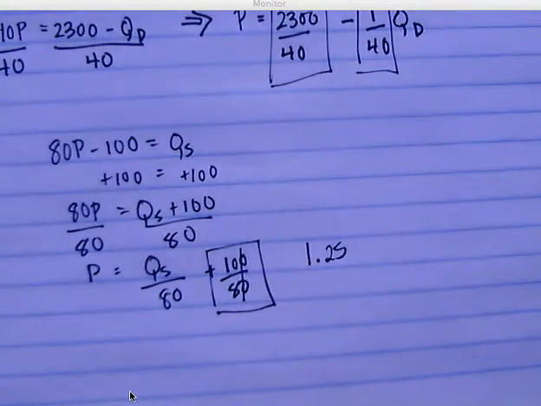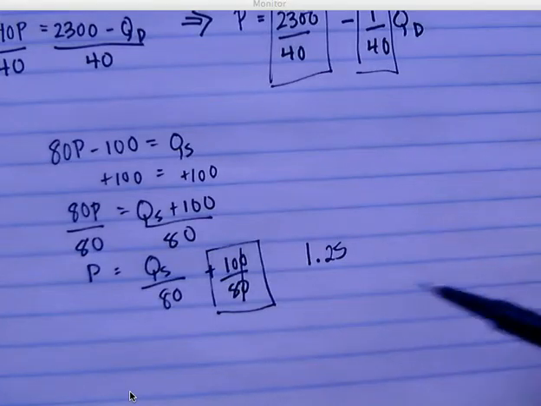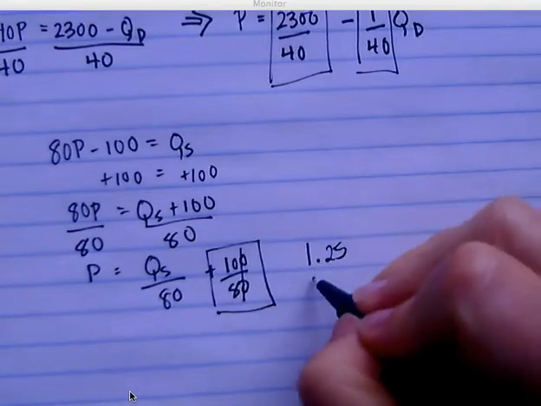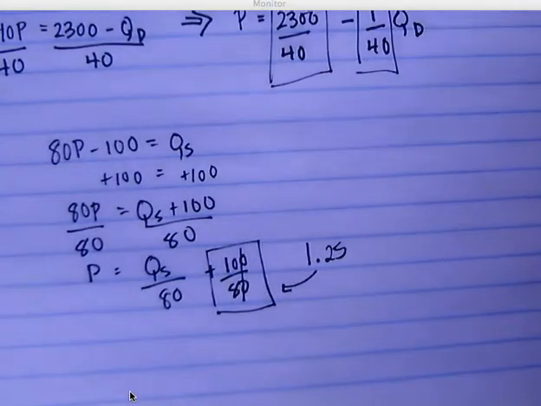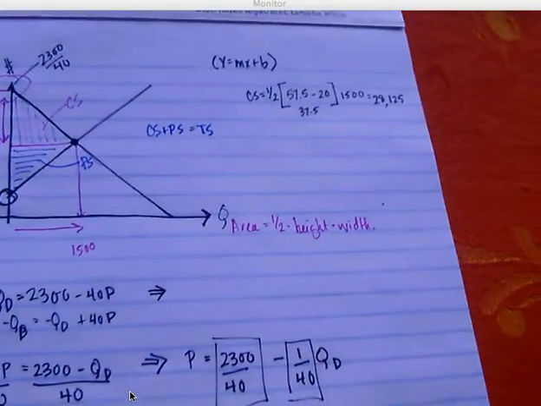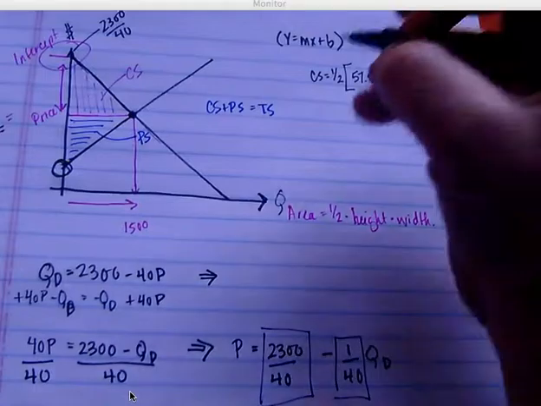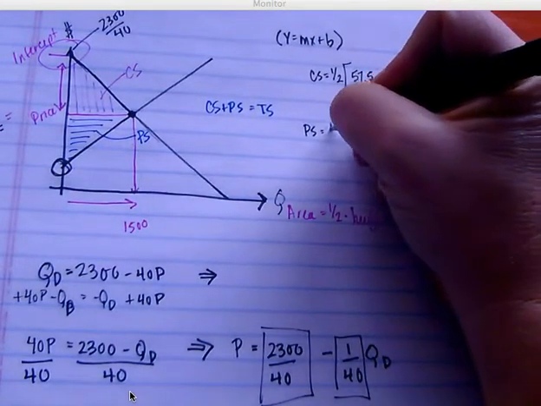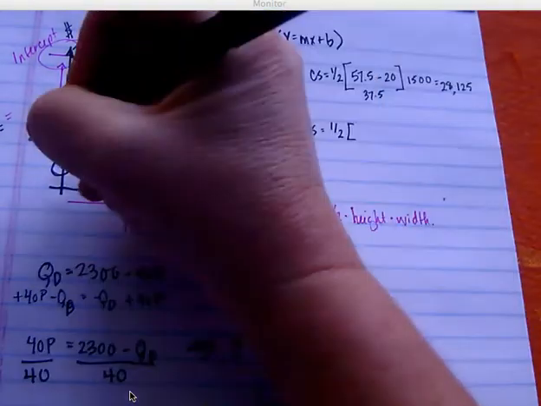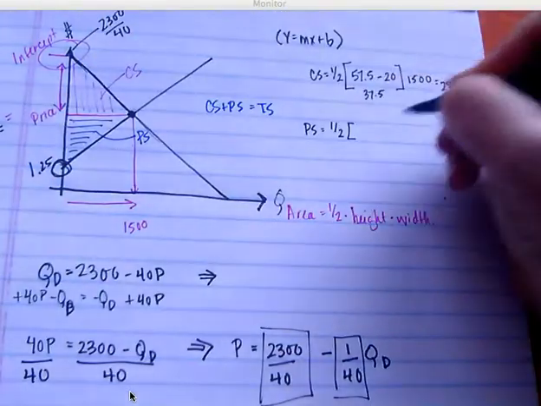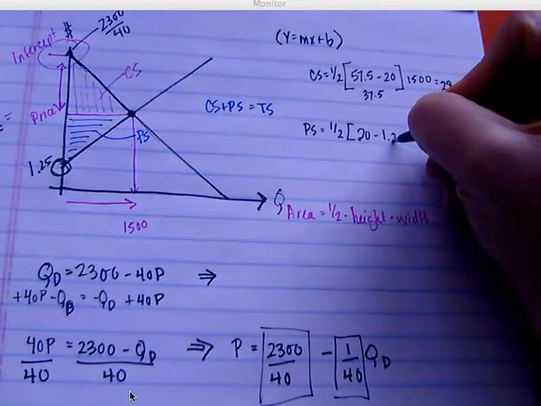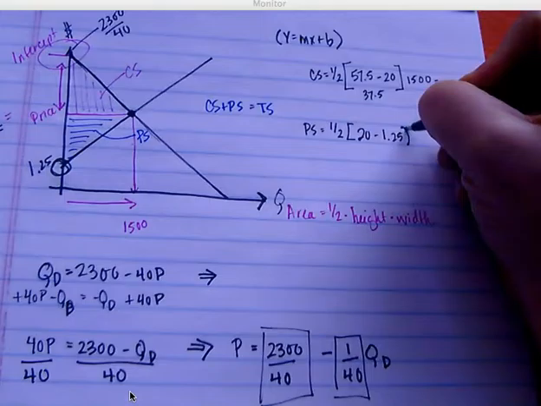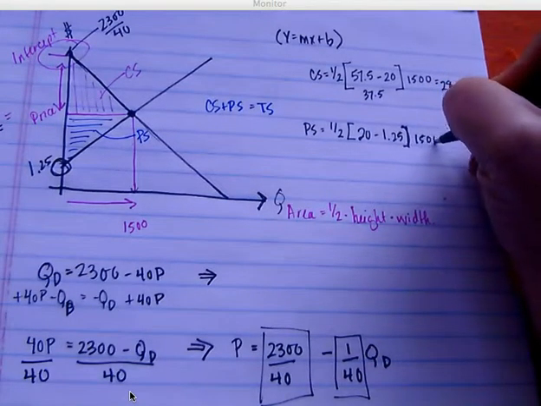Sorry, my computer went to sleep. So 1.25 is our intercept here. We can go back up to our graph, and we get that producer surplus is equal to 1/2 times 20 minus 1.25 times 1,500.